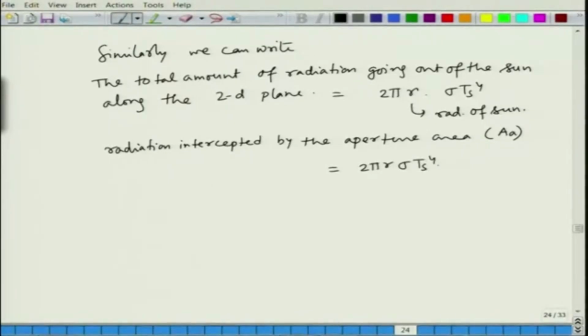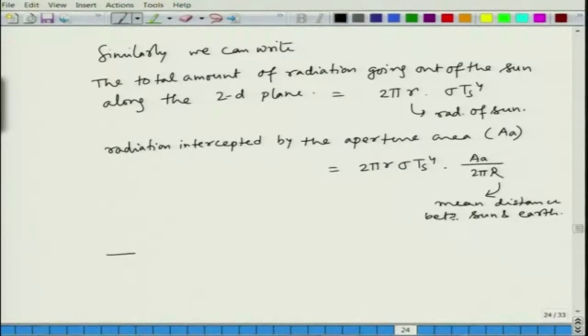This is the total amount across the circumference, and you have a fraction of that in the absorber, which is A divided by 2 pi r. This r is the radius, or the mean distance between sun and earth. So, exactly the same way we are handling the fraction of radiation that is getting intercepted by the aperture area.